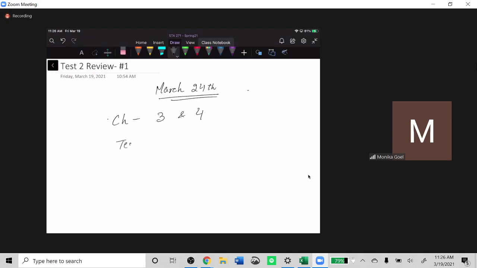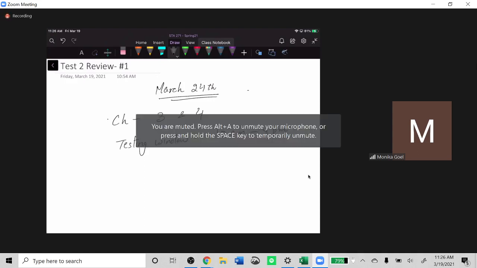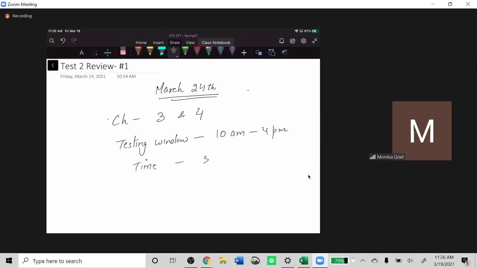Testing window: the test will open at 10 o'clock and it will be closed at 4 p.m. So there is a 6-hour window instead of just your class time. And time of the test is 50 minutes plus, as we gave you 10 extra minutes last time. So altogether it's 60 minutes.